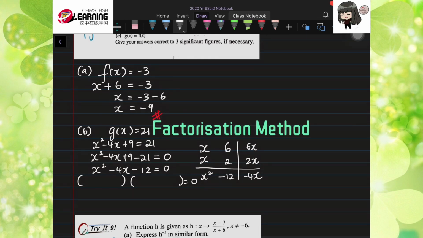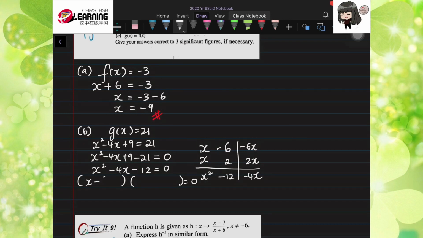To get a negative 4x, we put a negative there. So we have x minus 6, x plus 2. So x minus 6 equals 0, therefore x equals 6. And we have another answer, x plus 2 equals 0, therefore x equals negative 2. So we have two answers here, which are 6 and negative 2.